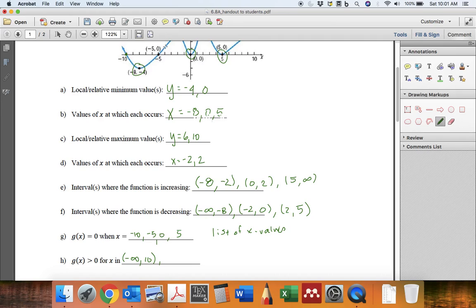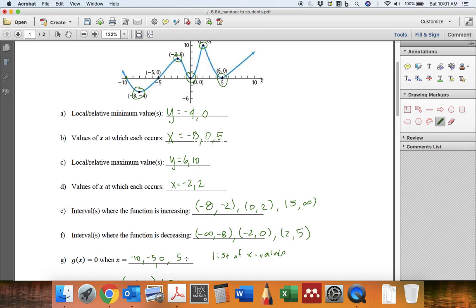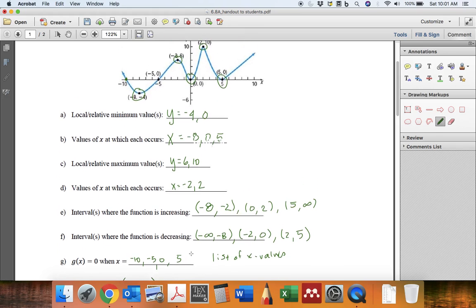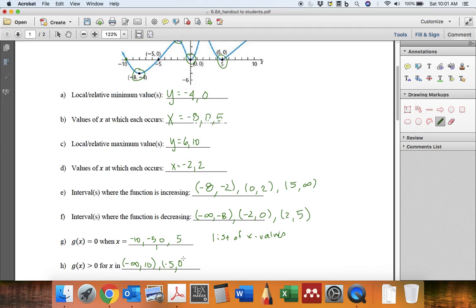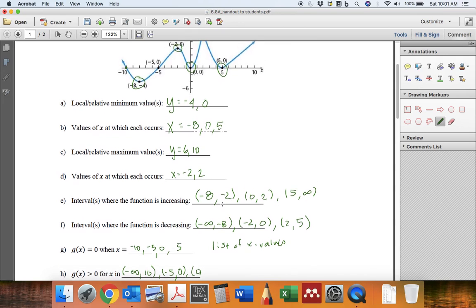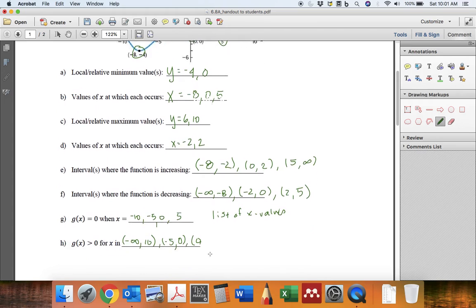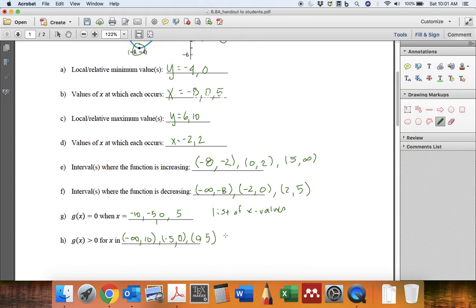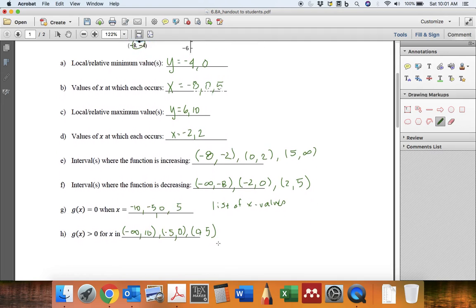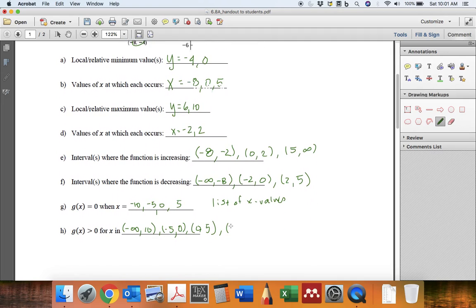And then we are going to be positive again once we get to x equals -5 up to x equals 0. And then we skip over 0 because g of 0 equals 0. And then we go from 0 clear up to 5. And then we have to skip over 5 because g of 5 equals 0. And then we go from 5 to infinity.